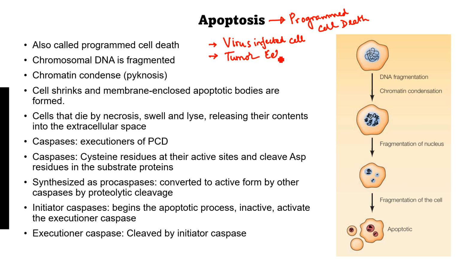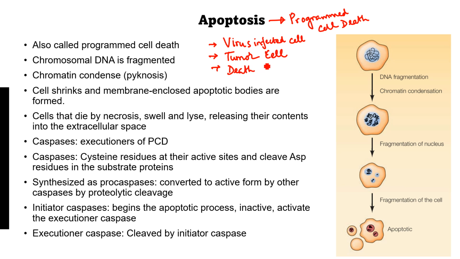There are several types of cancer cells which are getting generated in our body daily, and we want that such cells should not stay in our body and they should be removed. So all these different processes will require apoptosis to take place.